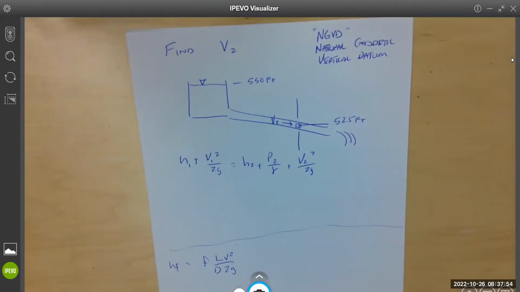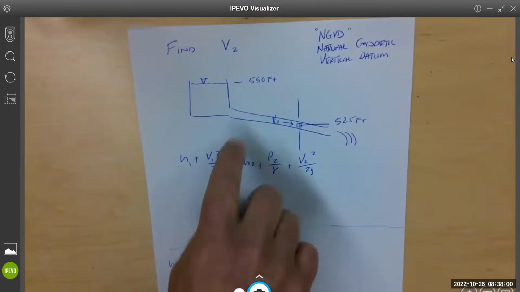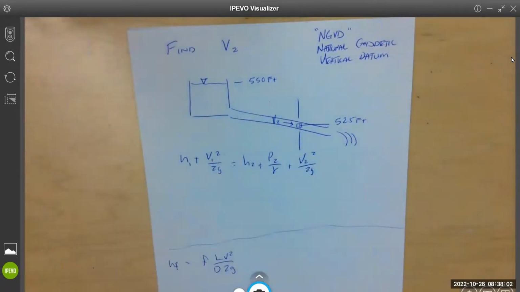So we're going to add friction to it and also entrance loss. But when you see this equation, it applies to this kind of system. So this is an open system. When we have closed systems, it will be a little different.